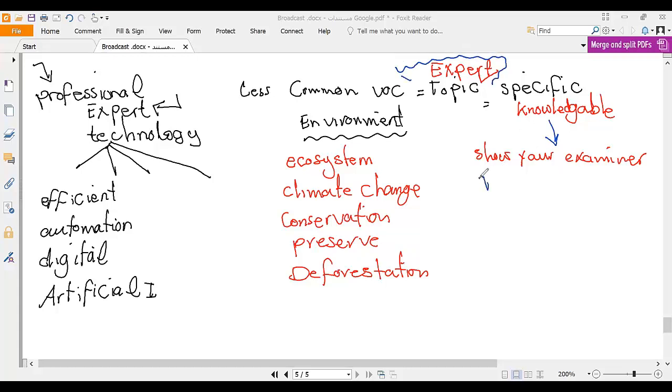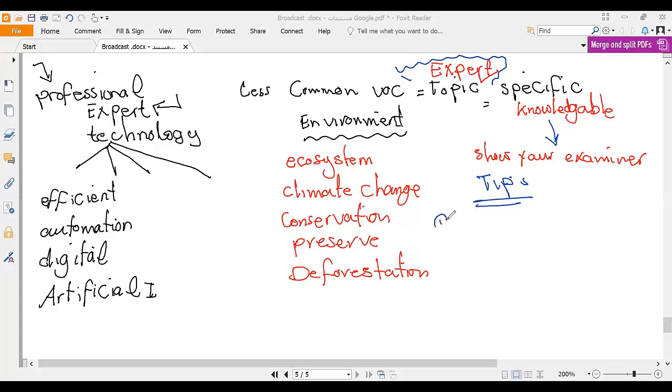So here are some tips for using less common vocabulary or topic specific vocabulary to make your piece of writing advanced and thrilling and really attractive.